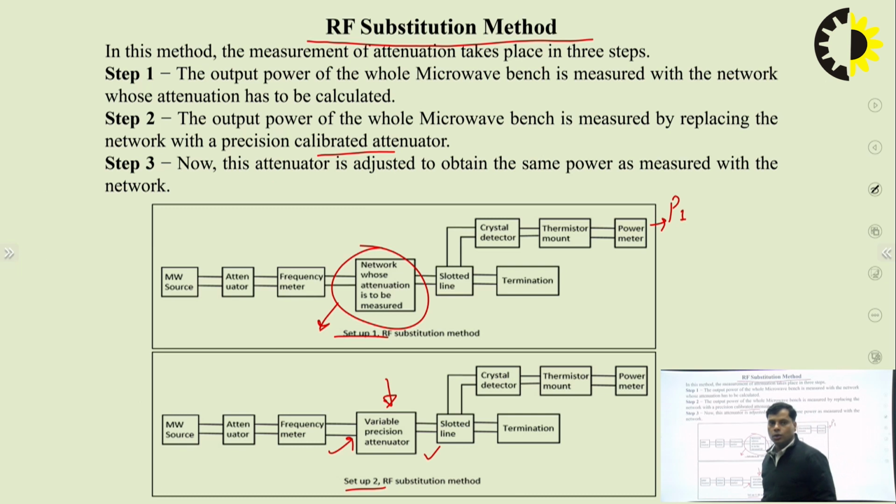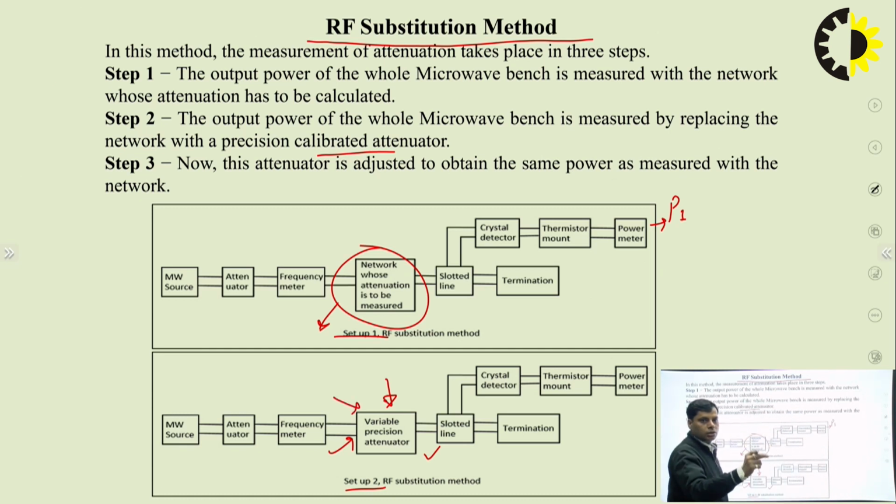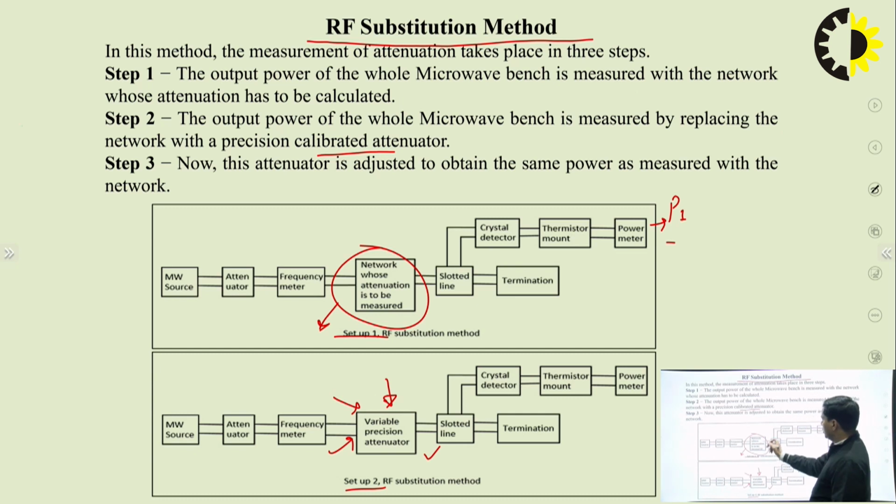What we do is this: the attenuator is a variable attenuator. By changing its knob, by making some correction with the knob, we can get another value. We adjust it in such a way that we get the same power as before, because attenuation has to be calculated for the network device, not for this one.